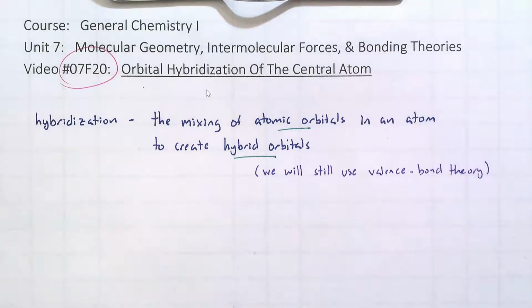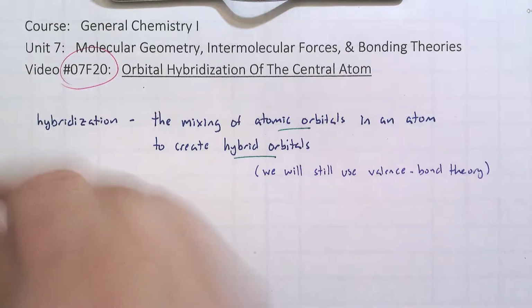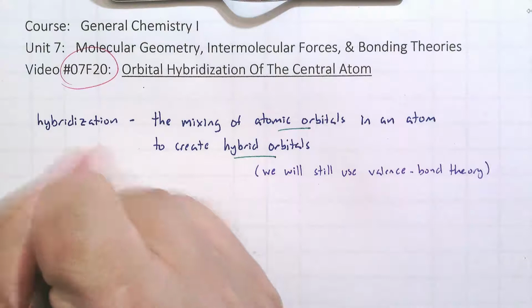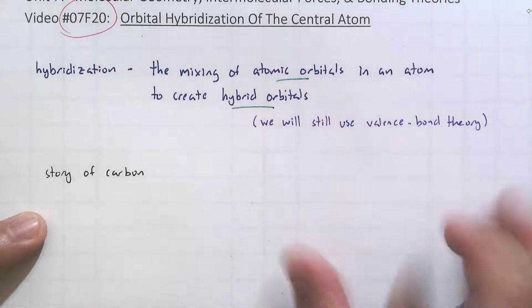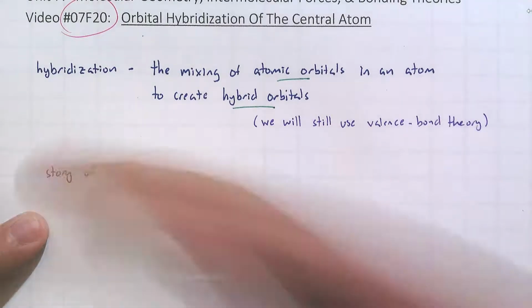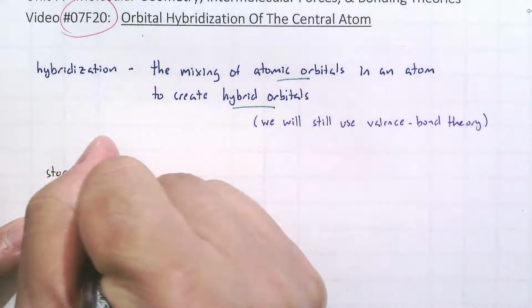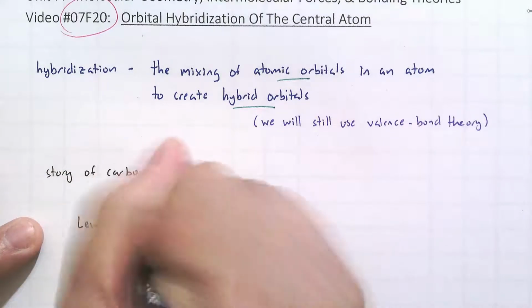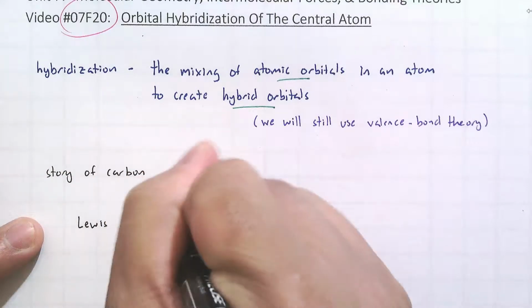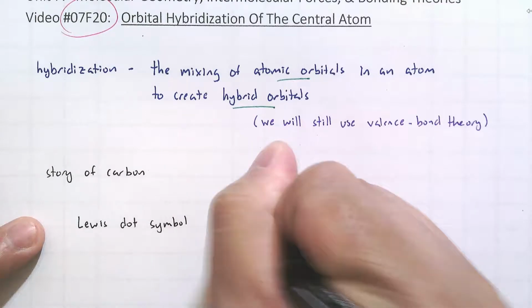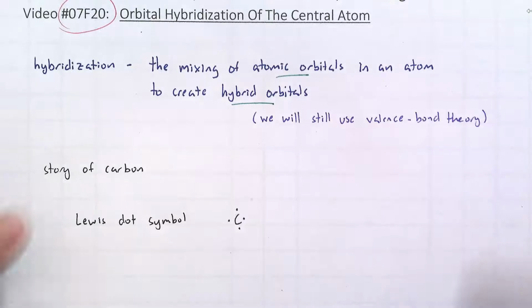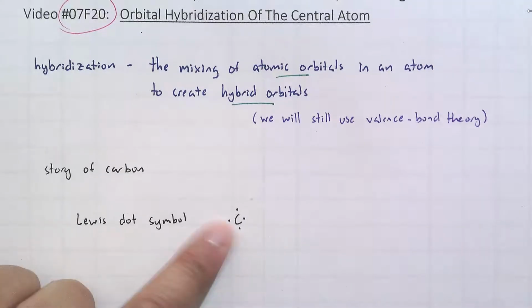Okay, let me talk about the story of carbon. I'm going to start out with the Lewis dot symbol. This should be very familiar. In carbon, the Lewis dot symbol, you were told to put the 4 valence electrons, one on each side.